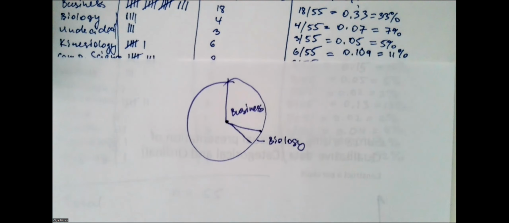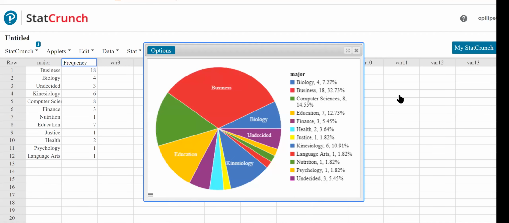We're going to go ahead and do this for all of the majors, and let's see what the final result looks like. So here again, I asked StatCrunch to create this graph for me, and it did. So this is what it looks like.